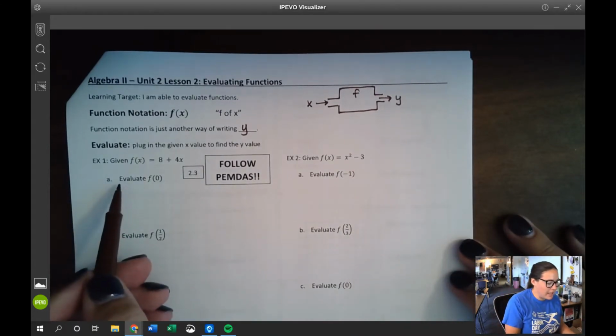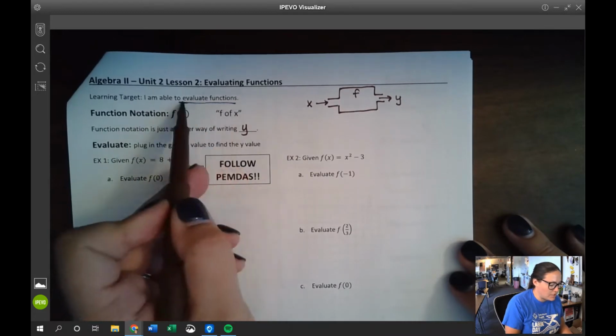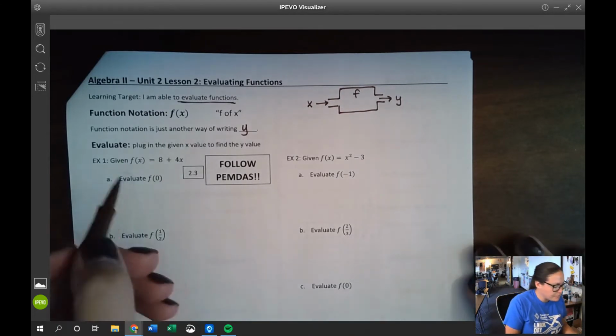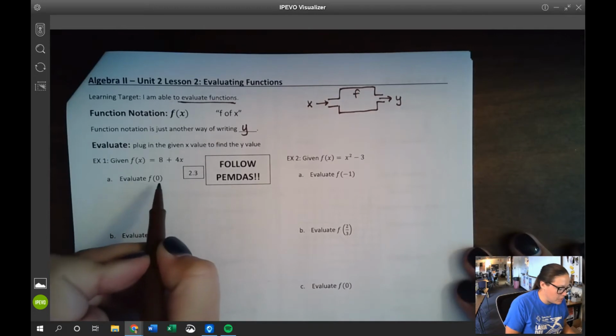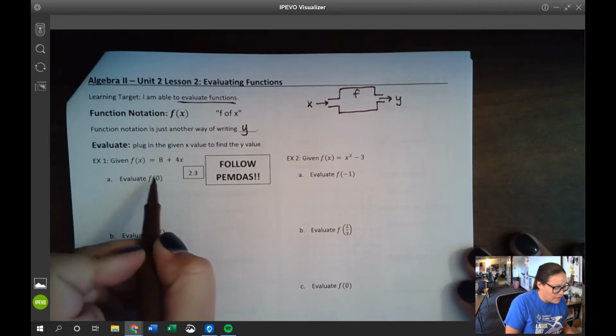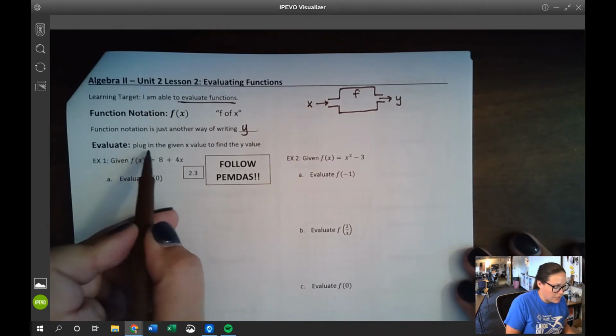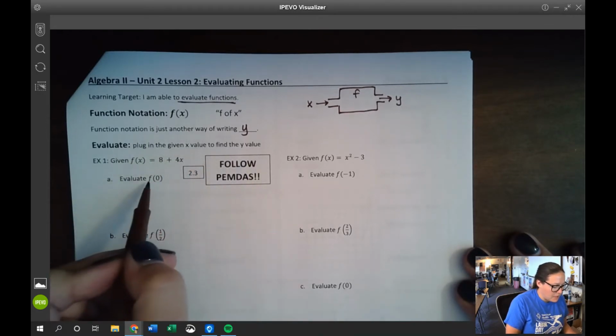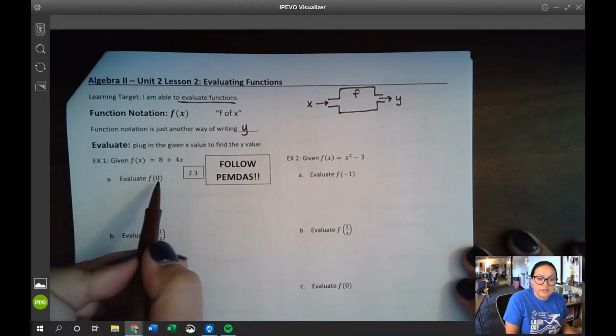So today we're going to look at evaluating functions. And essentially that just means plugging numbers in to the function, into the machine. Okay? So when it says evaluate f of 0, just like what it says here, we're going to plug in the given value of x to find the y value. So instead of f of x, it says f of 0.